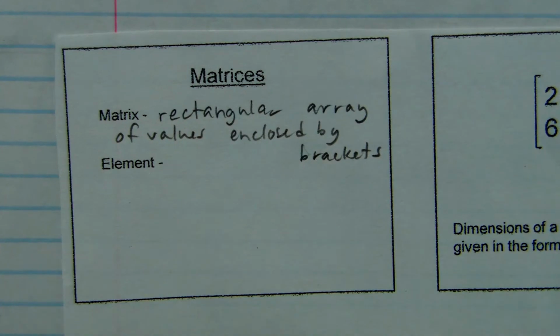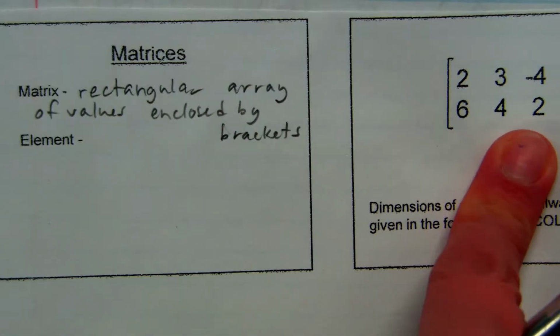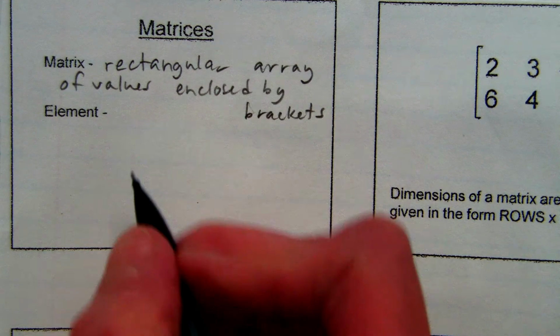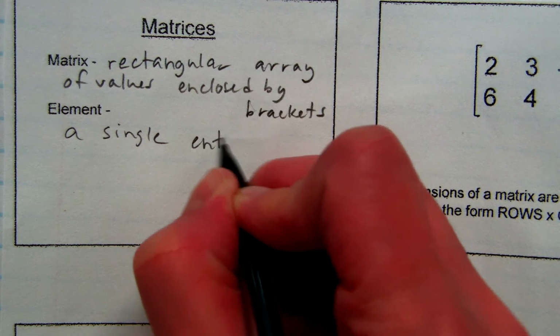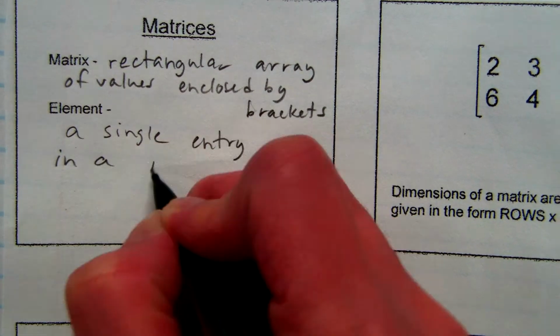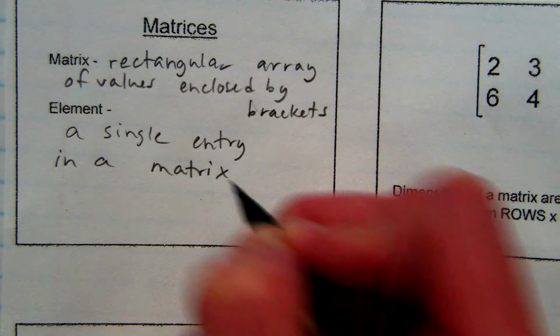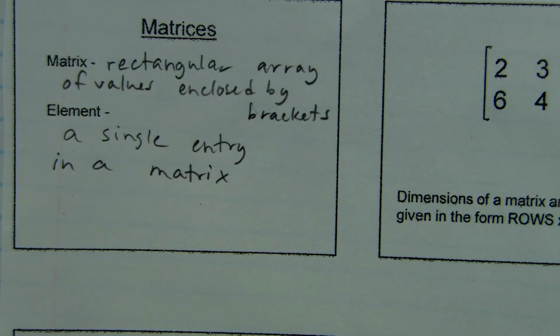And you'll see lots of examples on here. There's one over here in the next box. Always uses square brackets. An element is a single entry in a matrix. So basically, it's a single number that's in the matrix. And we'll talk about how we identify those in a little bit.